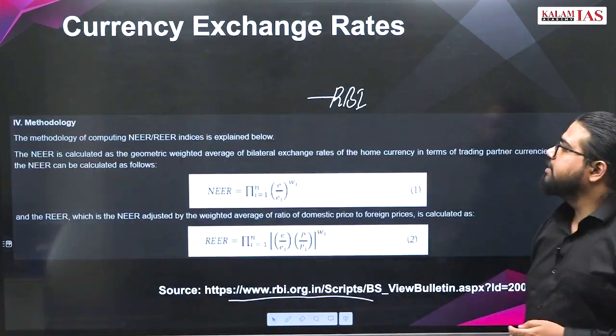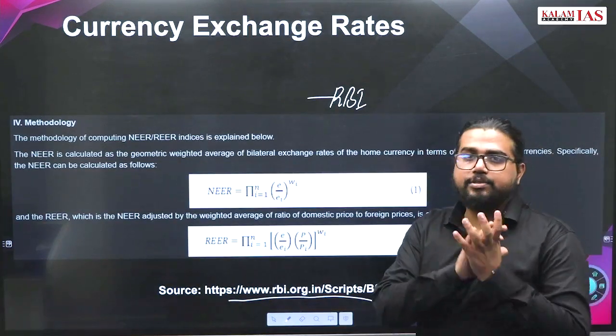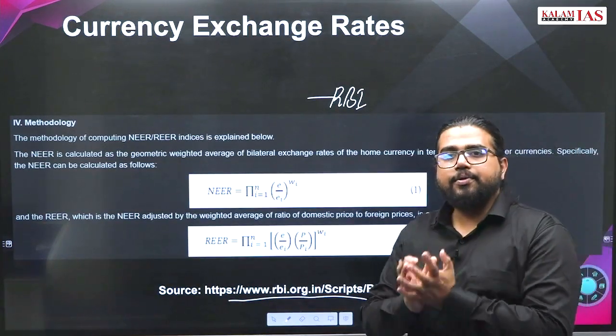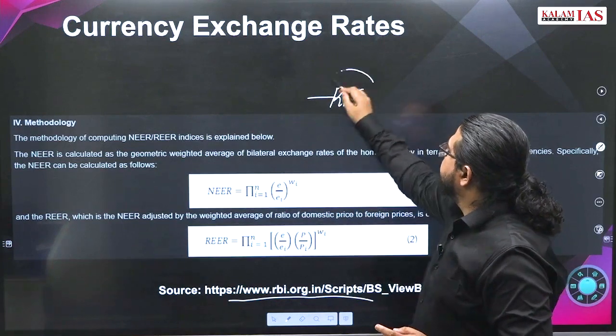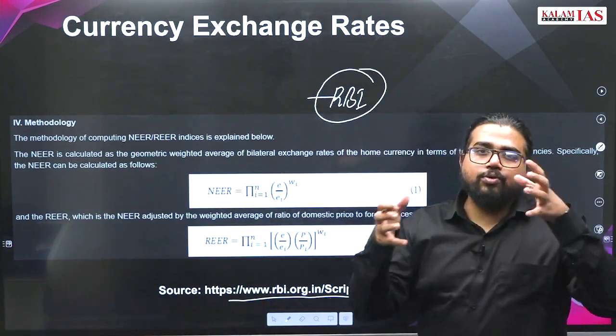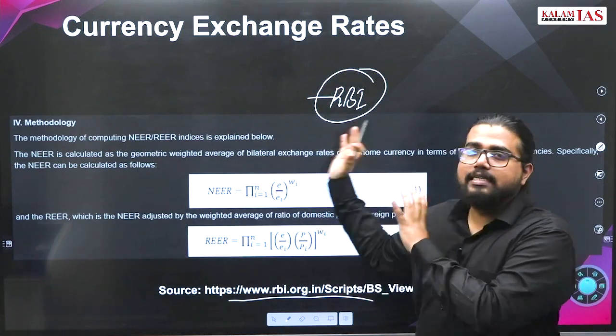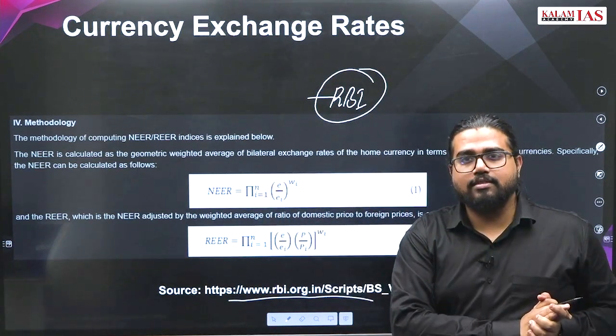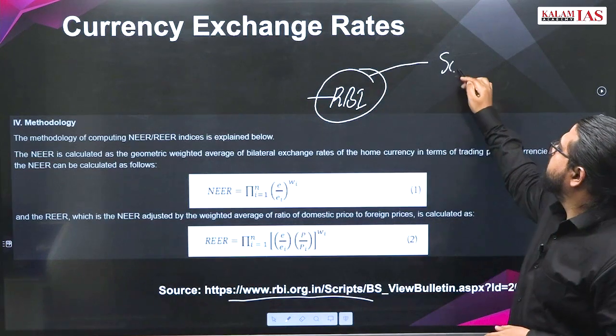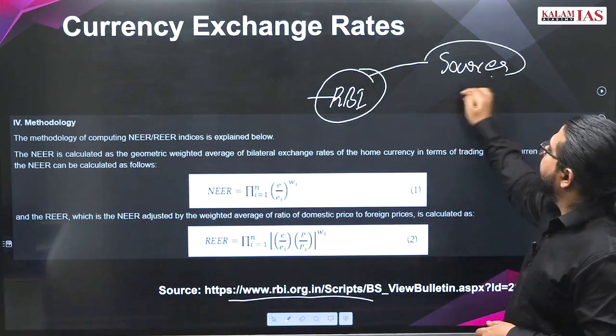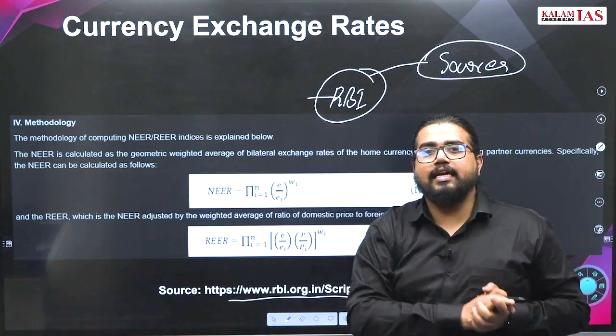Let's go ahead. Now we need to solve MCQs on NEER and REER. You need to understand the methodology of how to reach the NEER and REER values. A fair idea of this is essential to answer the conceptual questions. Now we have a lot of sources which absolutely mess up how NEER and REER have to be found.